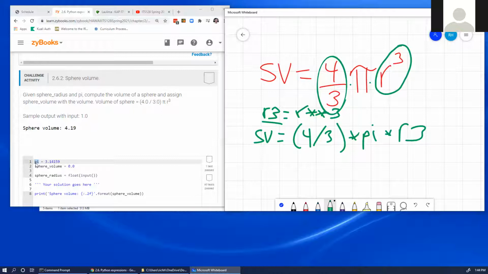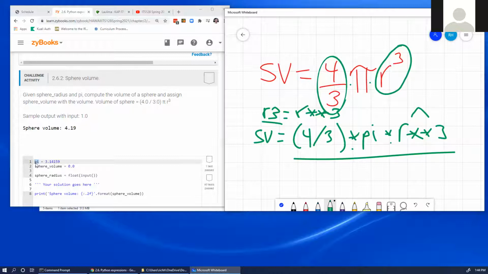Or we actually could just do the asterisk asterisk 3. Do you know why? Because in this expression, exponent has operator precedence over the multiplications.